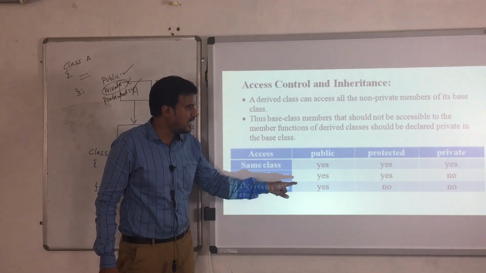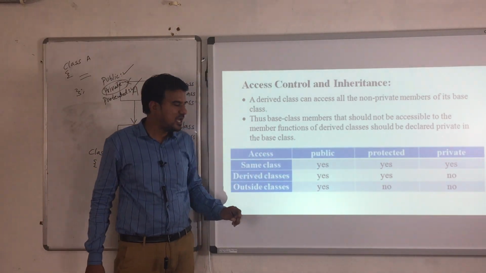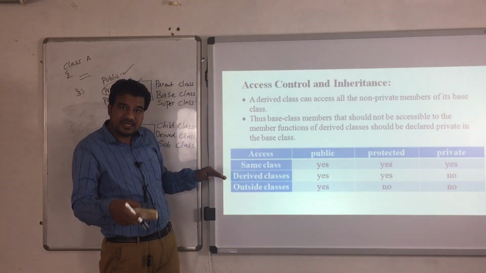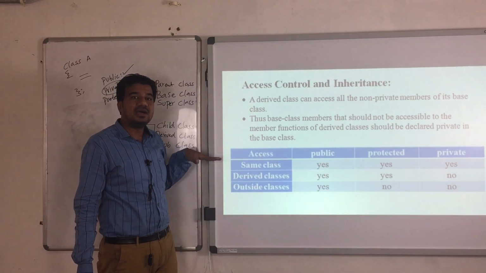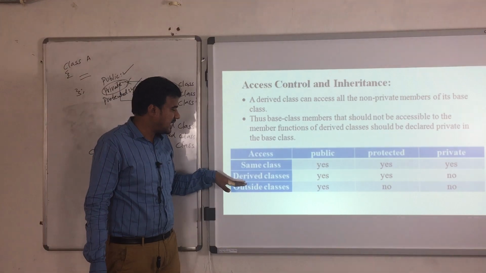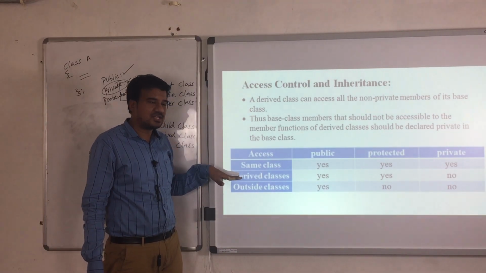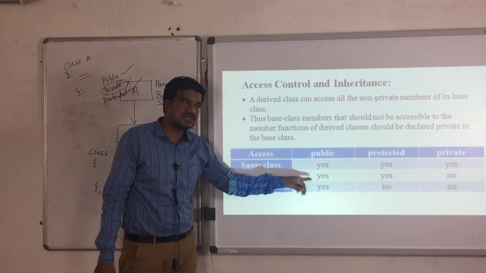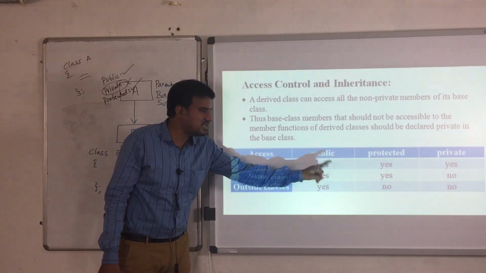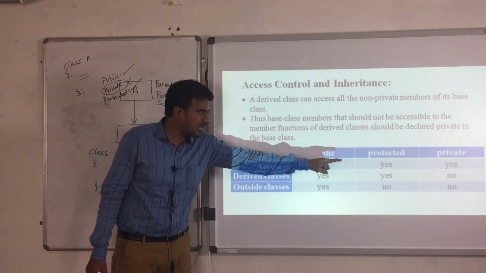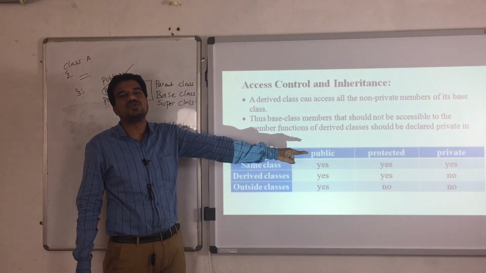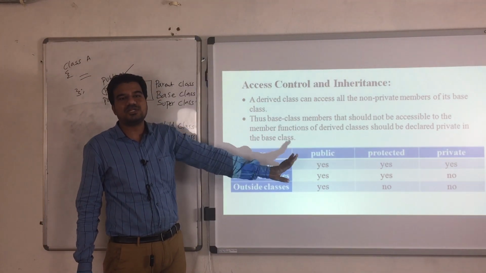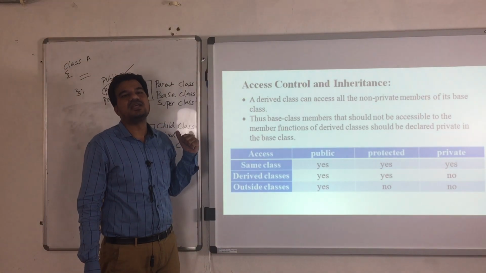Next, inside the derived class, what data members can we access? Inside the derived class means inside child class only. Inside the derived class we can access the public members, we can access the protected members, but we cannot access the private members. So the last option you can see as no. So private members we don't have any access inside the derived class.